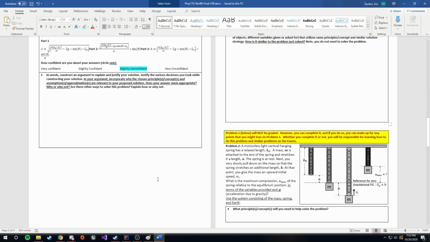Which is why I kind of hate how this is run. No offense to you guys, but I don't want my grade dependent on your performance. And you shouldn't want your grade dependent on mine.